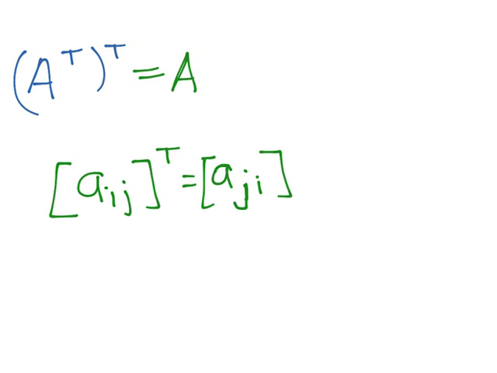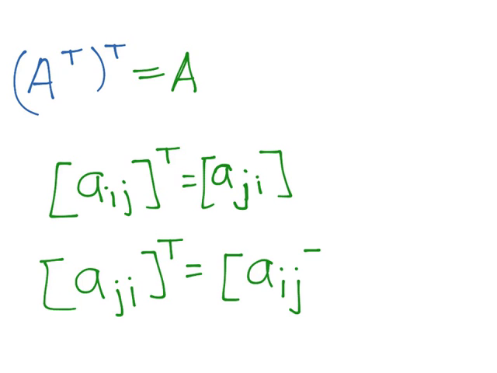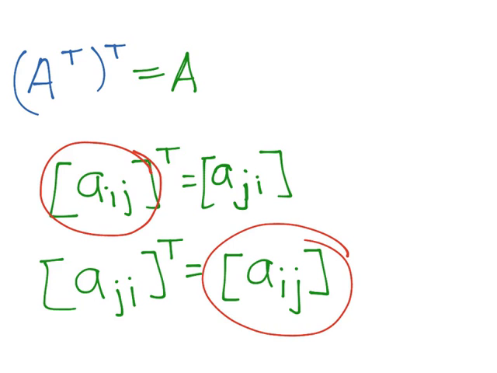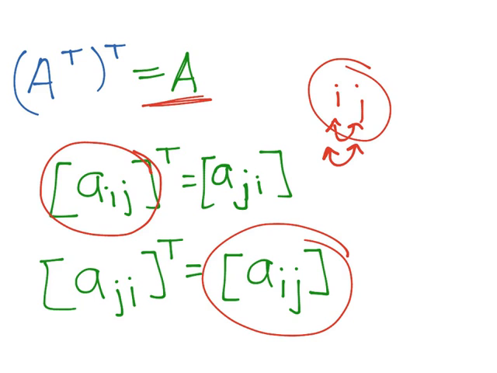And so now, if we get the transpose of AJI, we would get AIJ back, which is the same thing as we had at the beginning. So just flipping IJ once and then flipping it again, we just get IJ back, which is just the original matrix. If you don't believe me, let's do an example.